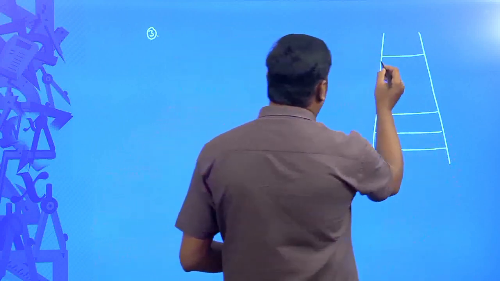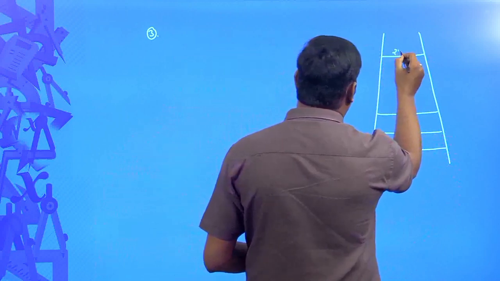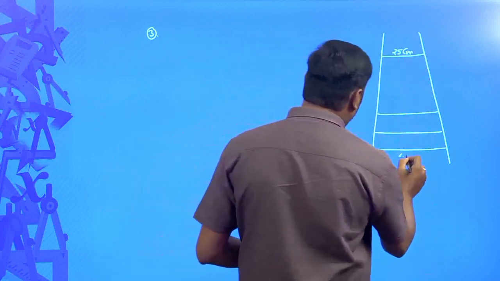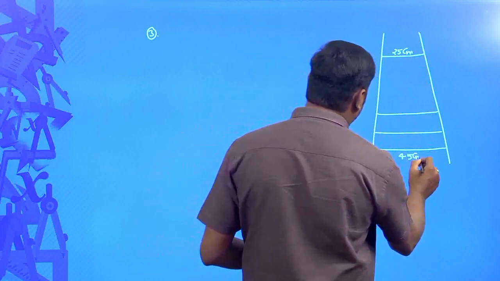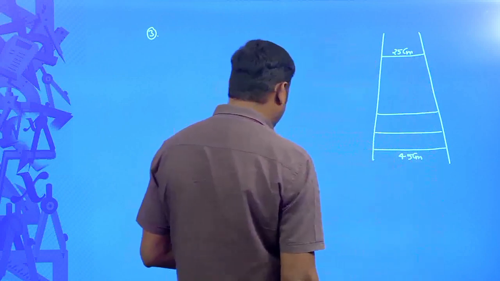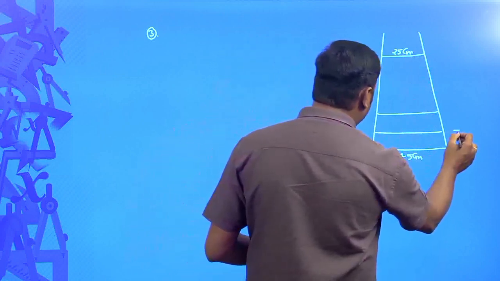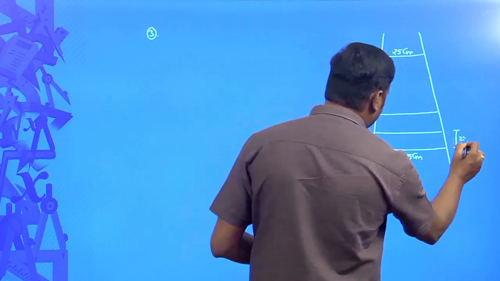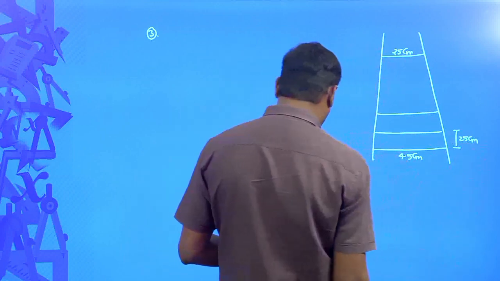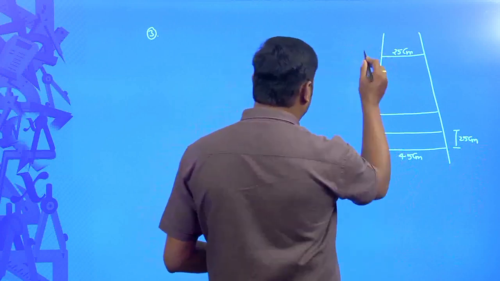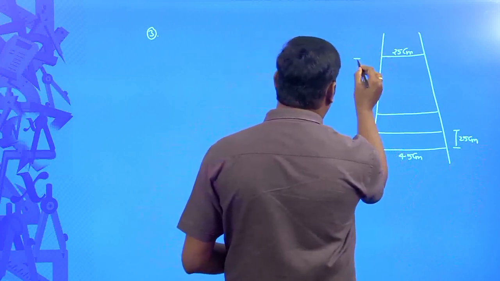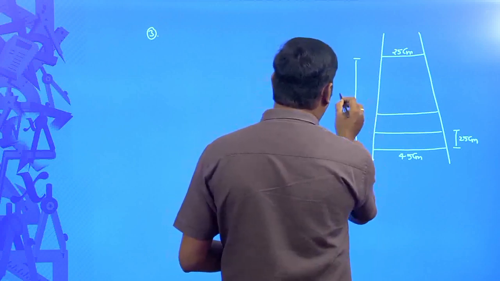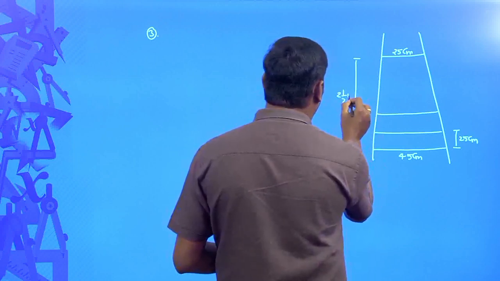The length of the first rung is going to be 25 centimeters and the length of the last rung is going to be 45 centimeters, and the distance between two consecutive rungs is again 25 centimeters. So, this is 25 centimeters and the distance from the first rung to the last rung is given as 2.5 meters.